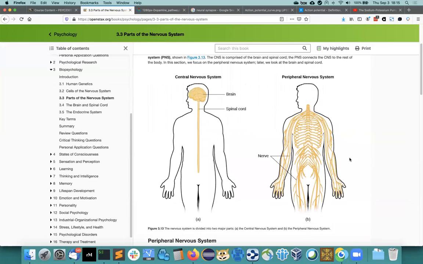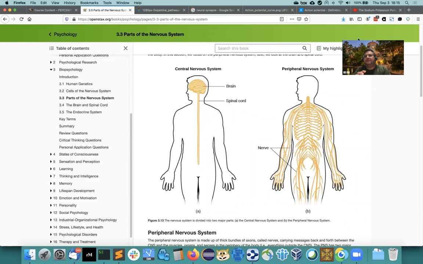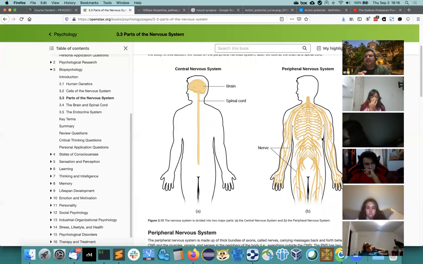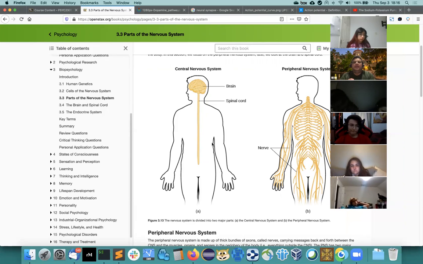Now we're going to talk about the different parts of the nervous system as they're presented here in your textbook. First of all, we have the two big parts of the nervous system, namely the central nervous system and the peripheral nervous system.